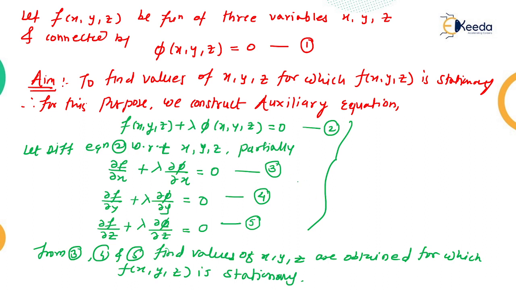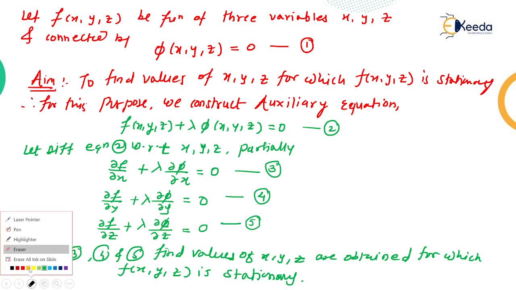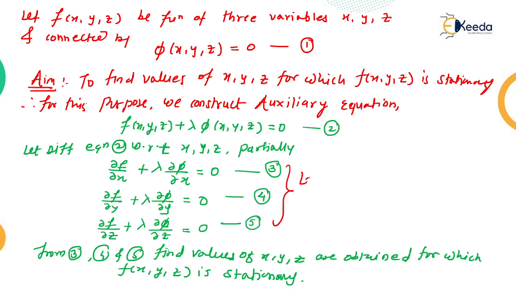So which are these equations? Equations 3, 4 and 5 are called the Lagrangian equations, and lambda is called the undetermined multiplier.